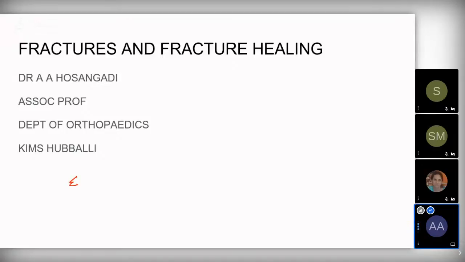In secondary healing, cartilage involvement is there. Immobilization, you know very well, is always a golden rule, a must or a basic necessity for fracture healing. So what are the choices which are correct here? First, third, fourth and fifth.